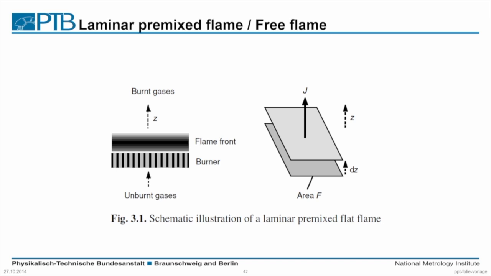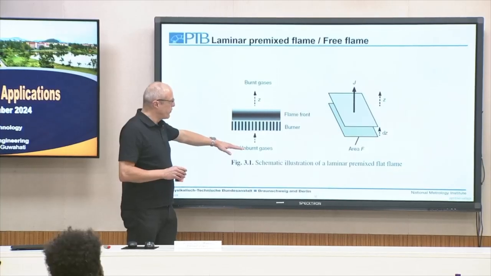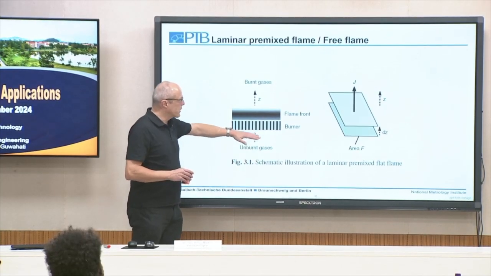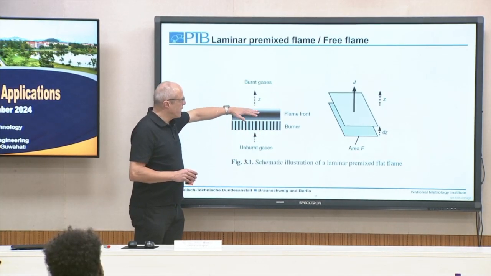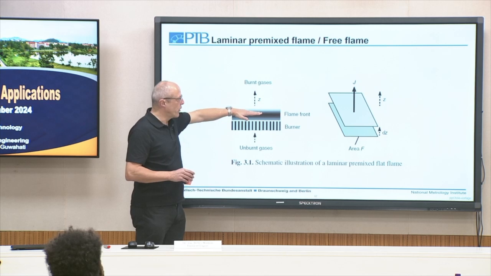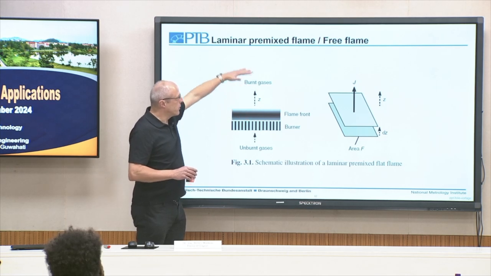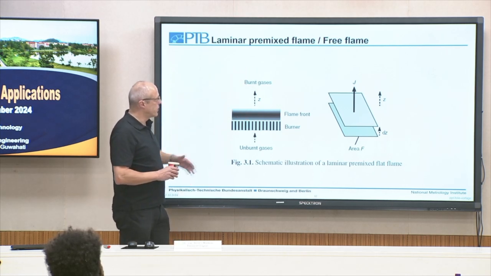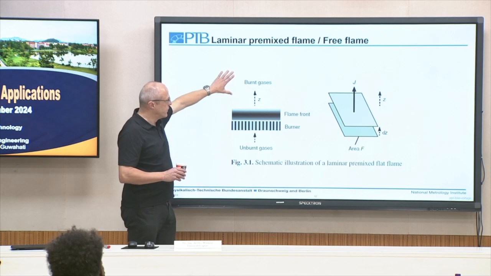So the laminar premixed flame we have already discussed with Cantera. So for example, for a burner, we have a flow of unburned gas, and then we have somewhere this flame front, and here we have the exhaust gases.